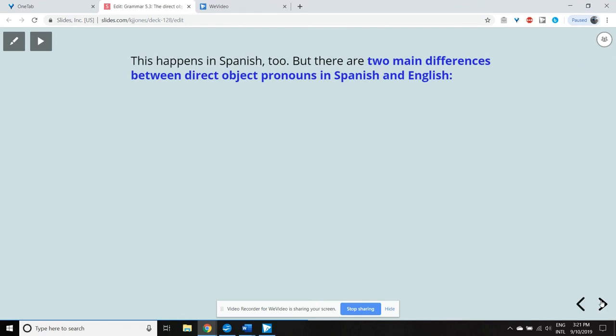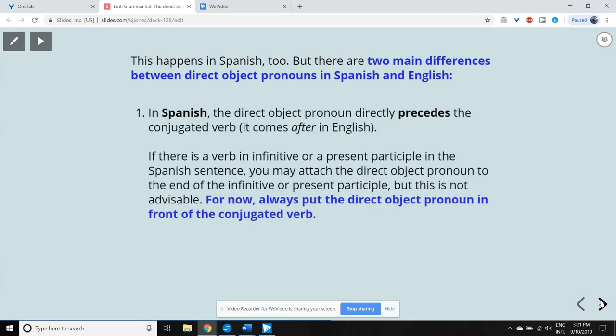Oh, that's better. But there are two main differences between direct object pronouns in Spanish and English. In Spanish, the direct object pronoun directly precedes the verb, the conjugated verb to be precise. As we just saw in our other sentences, in English, direct object pronouns go after the verb.